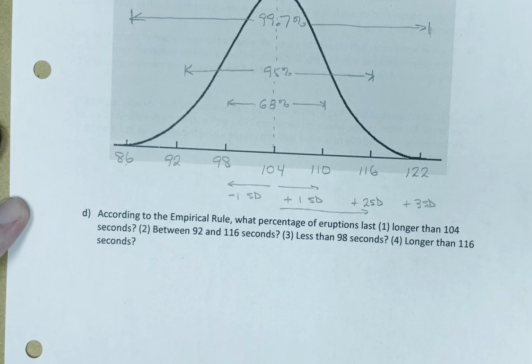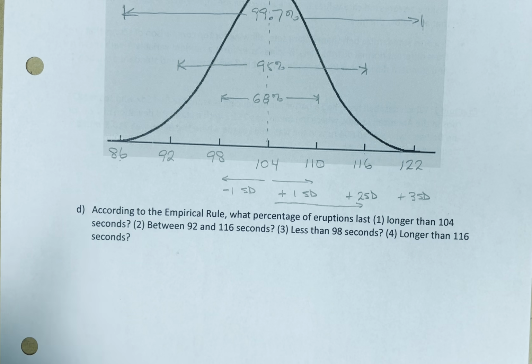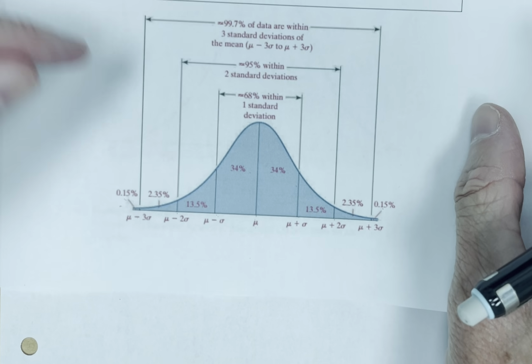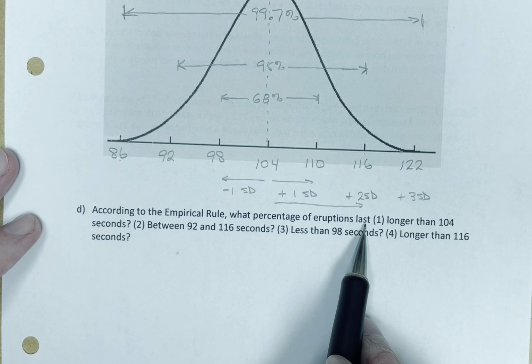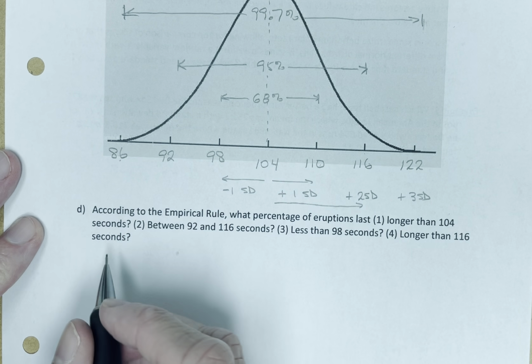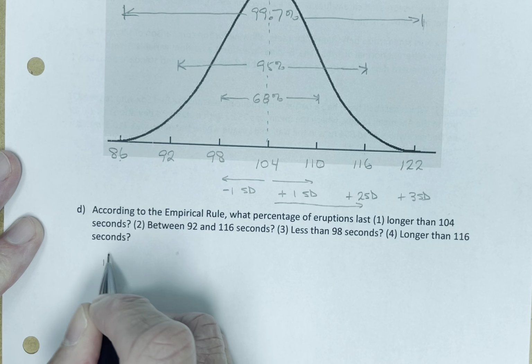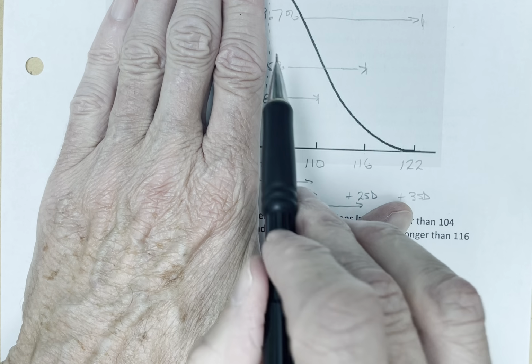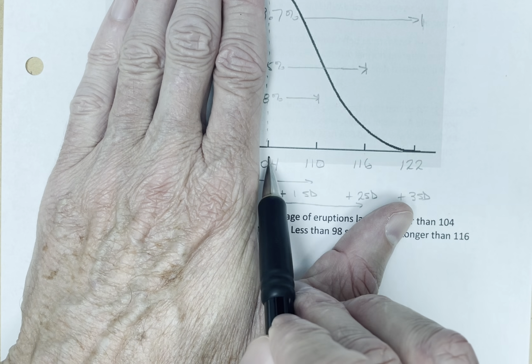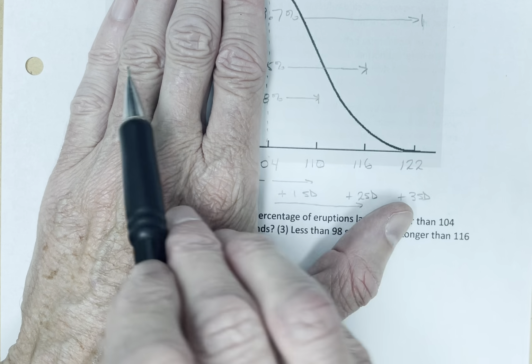According to the empirical rule, and I'm going to pull this out to also take a look at the percentages. What percentage of eruptions last longer than 104 seconds? So number one here. Here's the 104 seconds. I want longer. I want this half. The 104 is the median. It cuts it in half, 50-50.